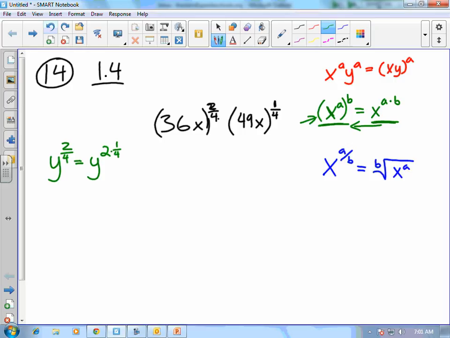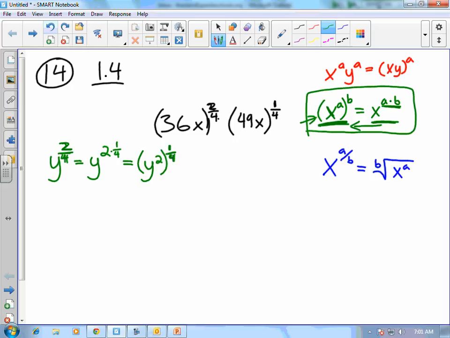And this rule tells me that if I have an exponent where two numbers are being multiplied together, I can split it up as two separate powers. So right here I have y to the 2 times 1/4. I can write that as y squared to the 1/4 power. And that's how I change a 2/4 power into a 1/4 power.